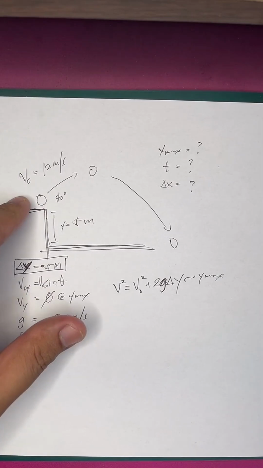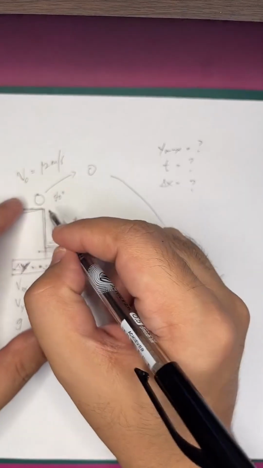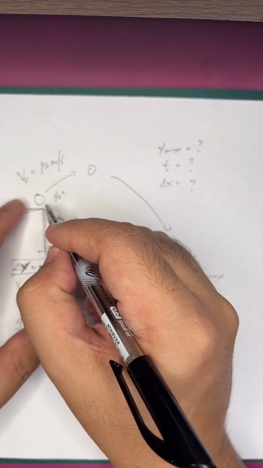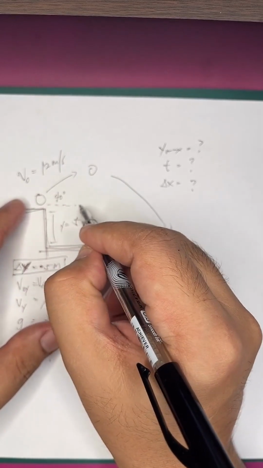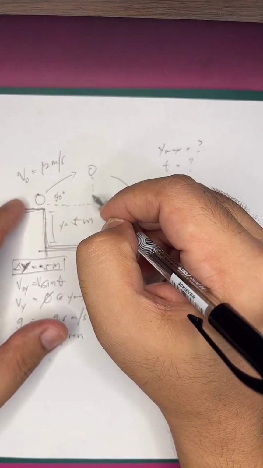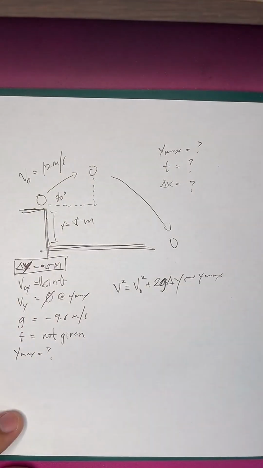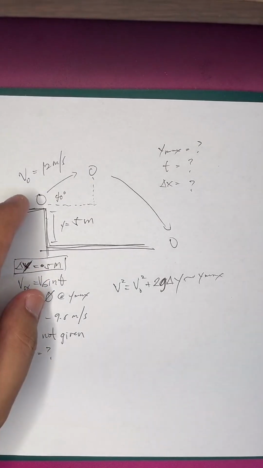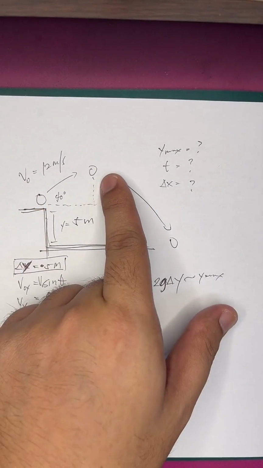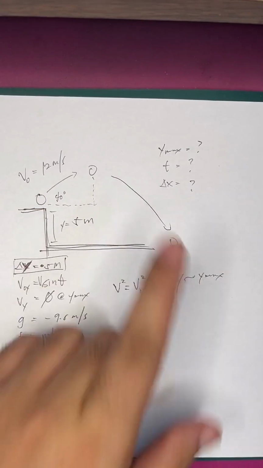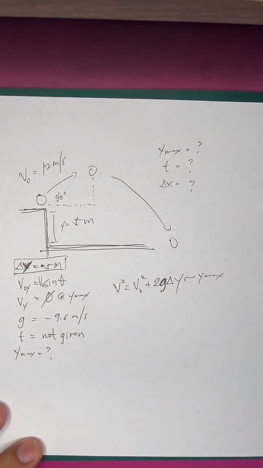So what we are trying to describe is the peak height from the launch point, yun, hanggang doon sa peak height. So the height from the launch point up to that position, peak height.